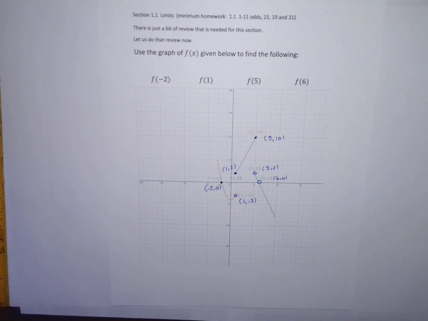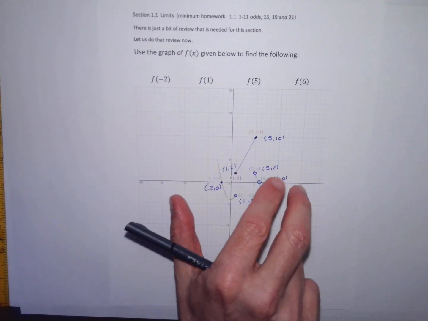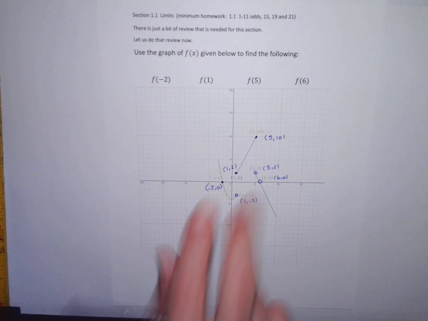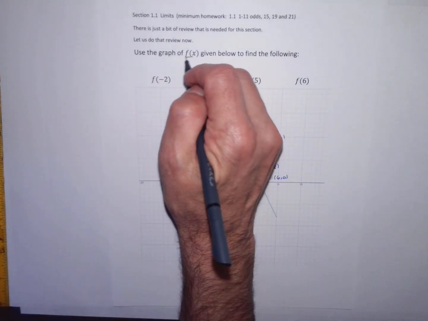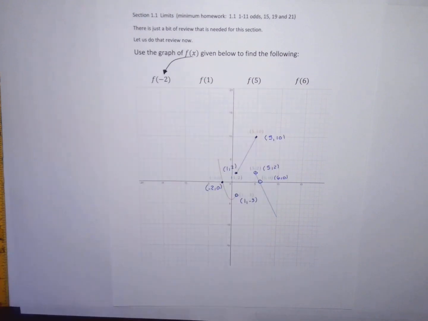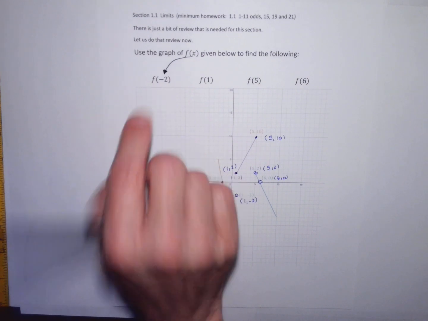What I'm going to need to do is answer function questions with regards to this graph. This graph is considered the graph of f of x, and I'm supposed to answer some questions. When I'm given function notation, a number inside of parentheses generally represents an x, and it definitely represents an x in this case. This question, to find f of -2, is asking me to find the y value of any point that has x equal to -2.